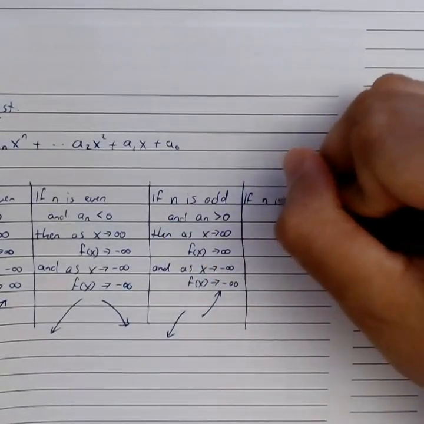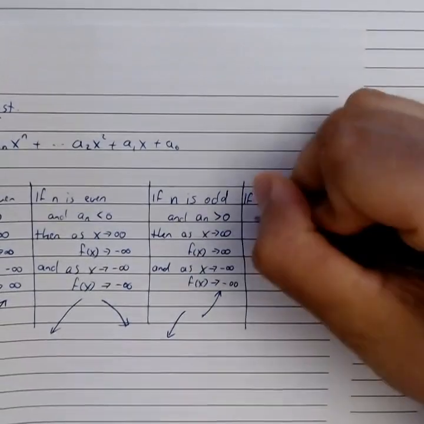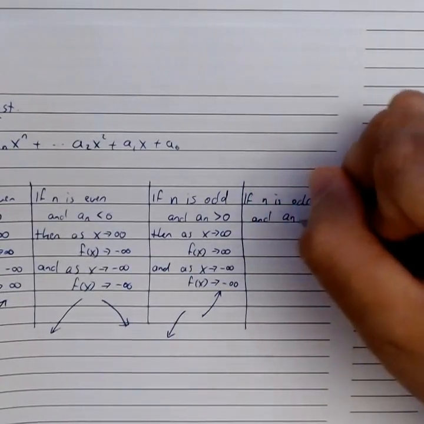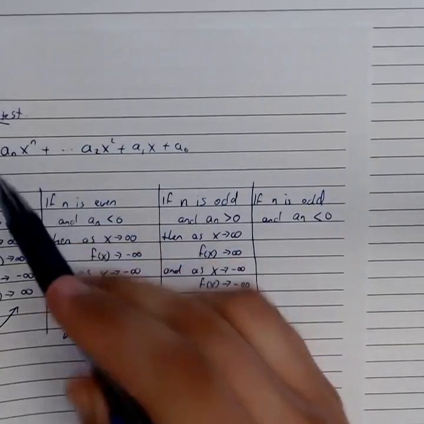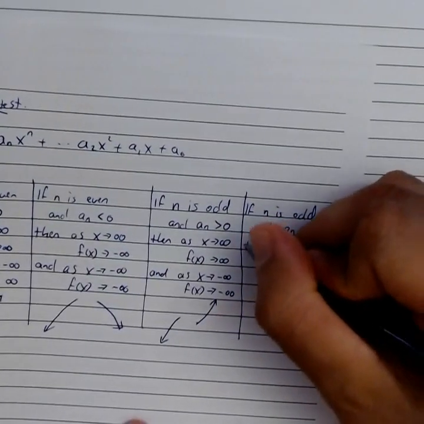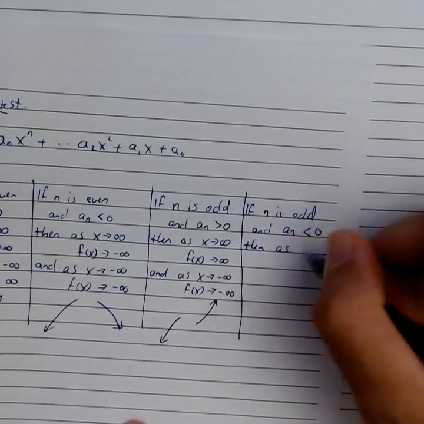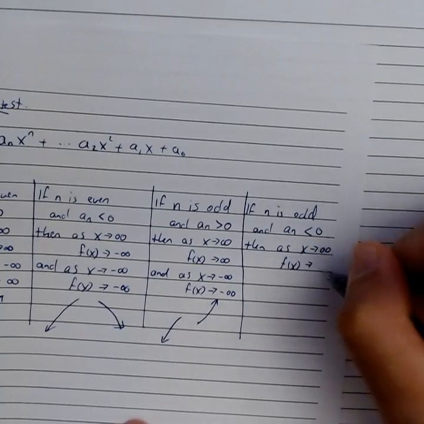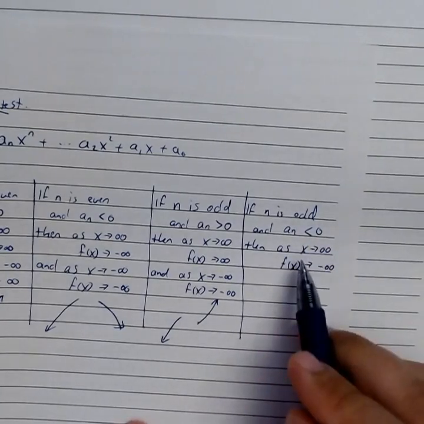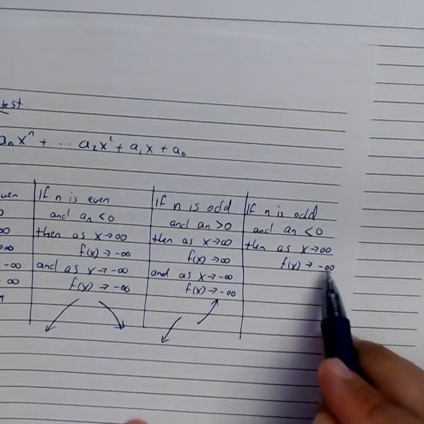If n is odd and a sub n is less than 0, so that's an odd power and that's a negative number, then as x approaches infinity, f of x will approach minus infinity. As you go to the right, your y value will go down forever.